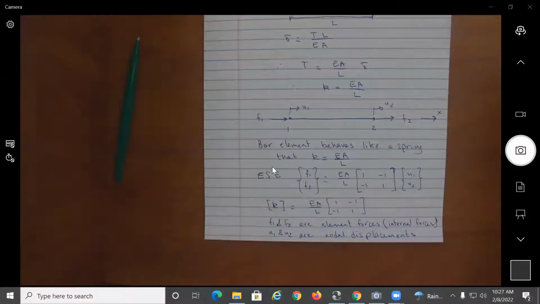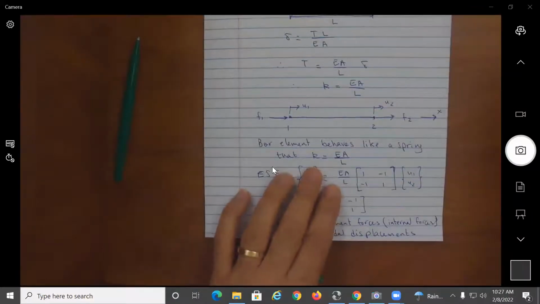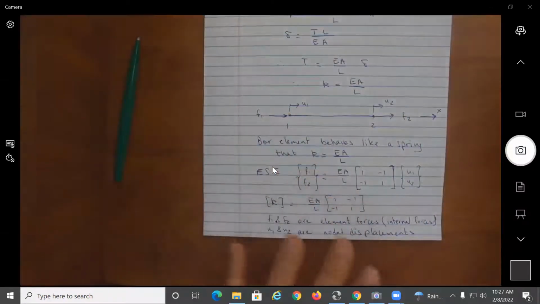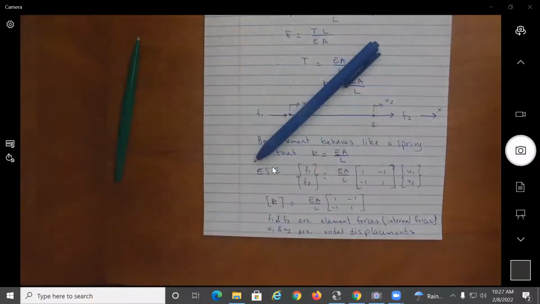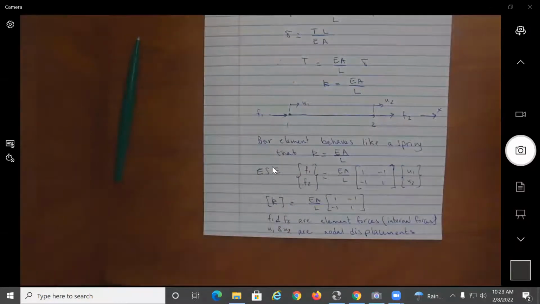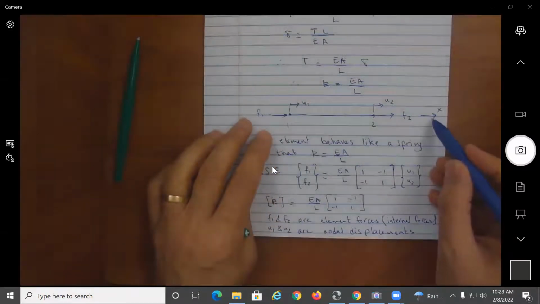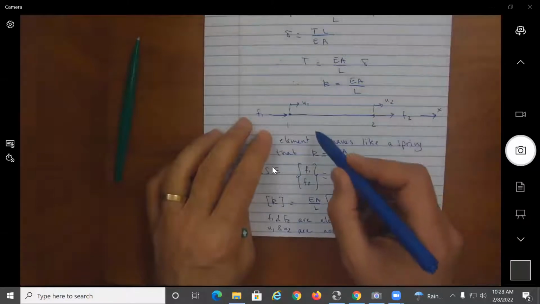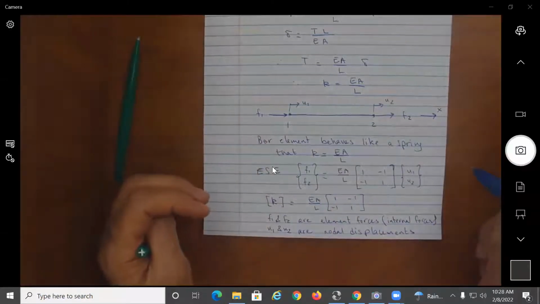Of course, in practice, a bar element may be used in a plane, and it could be at an angle, like this. But just to keep things simple, we're going to continue working with everything happening in one direction only. Now, of course, X could be horizontal. So in other words, the X-axis is aligned with the axis of the bar or spring element to make things simple.